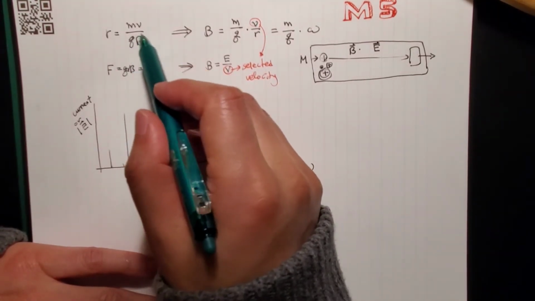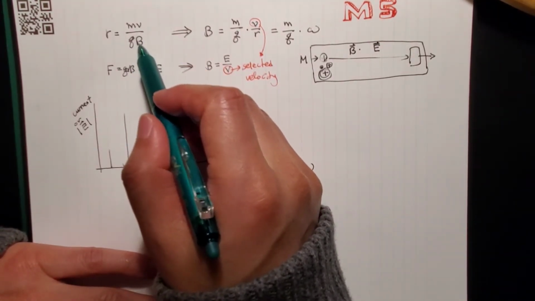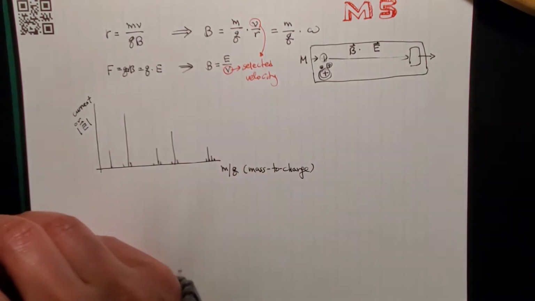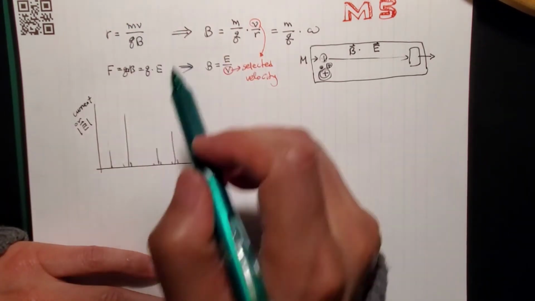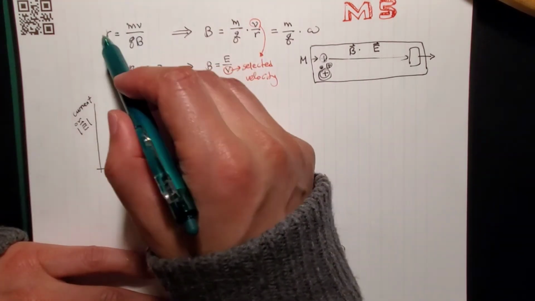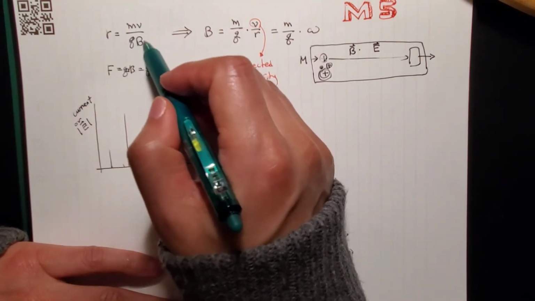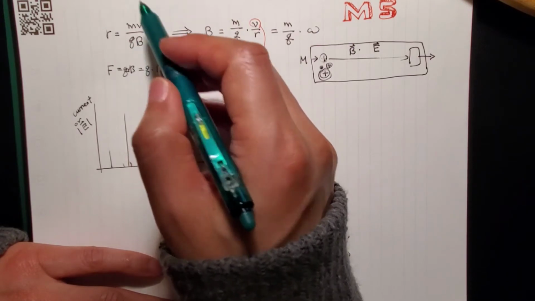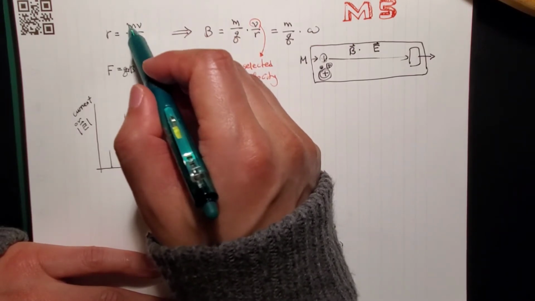We are changing the magnetic field in order to detect the mass. And then all the ions will have the same velocity. So those are fixed, and this is what we are intentionally changing as an independent variable. And that's what we are measuring, right?